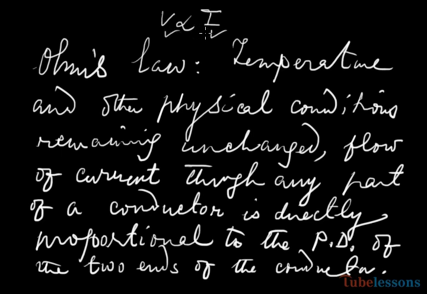So V is proportional to I, or V equals RI, where R is a constant, and this R is called the resistance of the conductor. We have seen V equals RI, where R is a constant of proportionality.